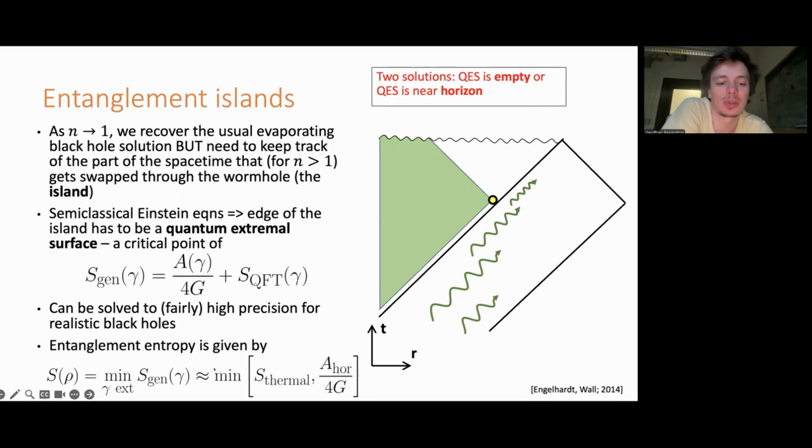Everything on this slide, I would say, is pretty solidly derived. There are some minor assumptions in the derivation that have only been shown in special cases. The main one is that the replica symmetry is not spontaneously broken in the bulk.